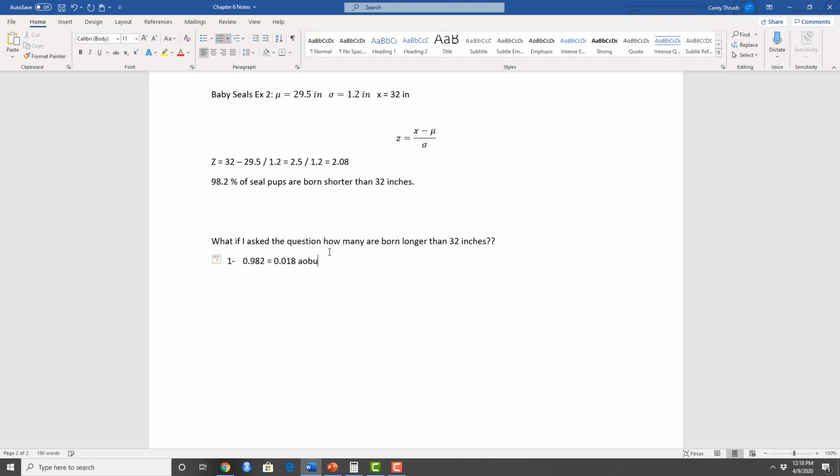So about 1.8% of seal pups are born longer than 32 inches.